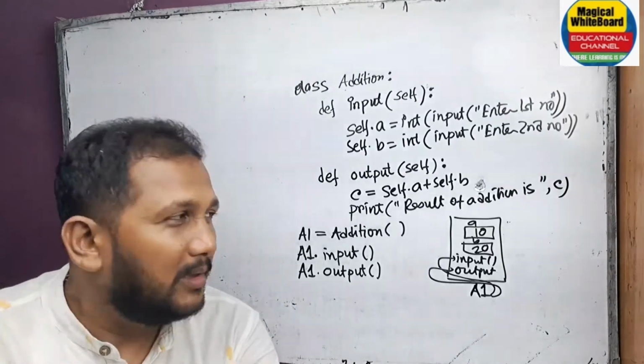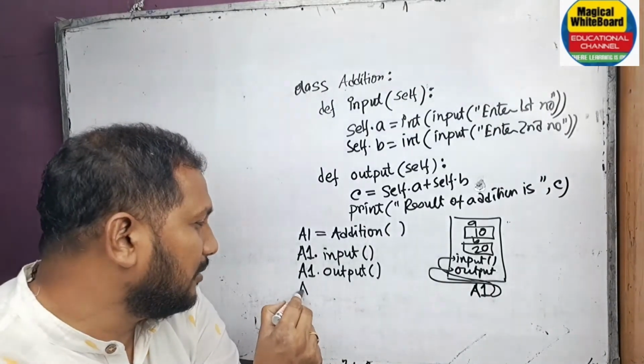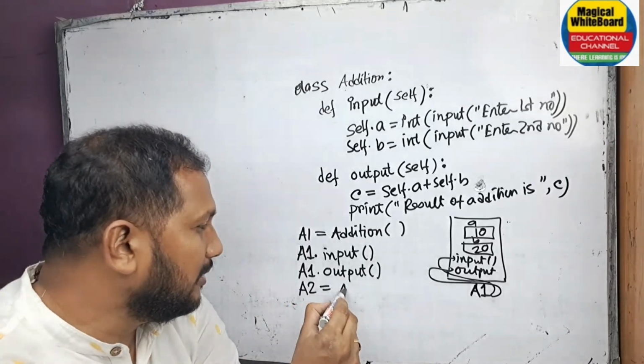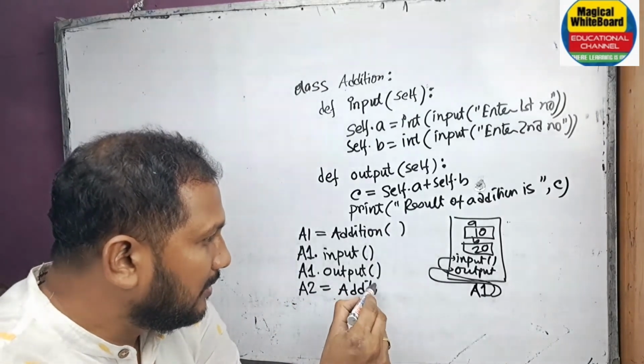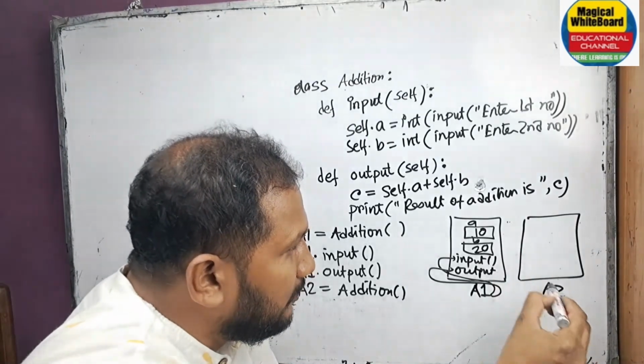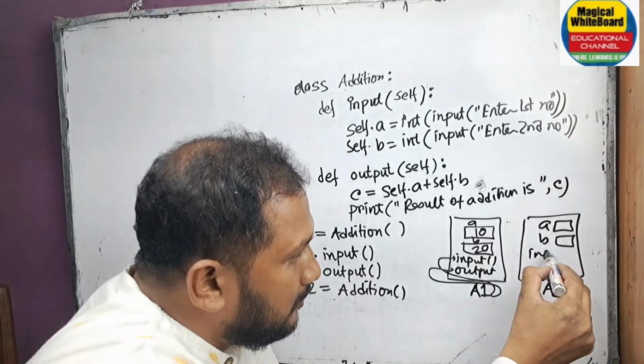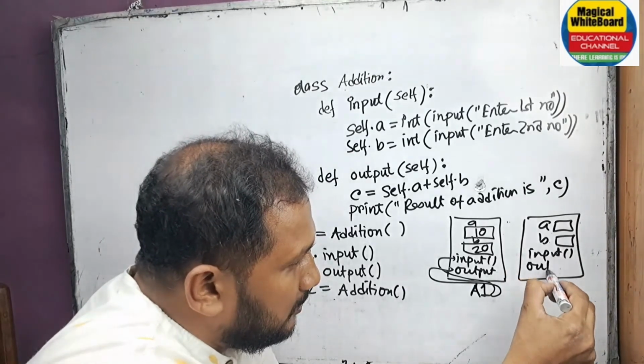Suppose we want to create another object, suppose a2. Then again there is a memory allocation for a2, and within a2 there are a and b, and there are input and output.